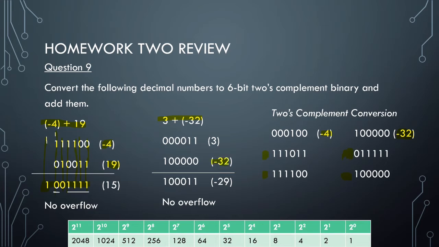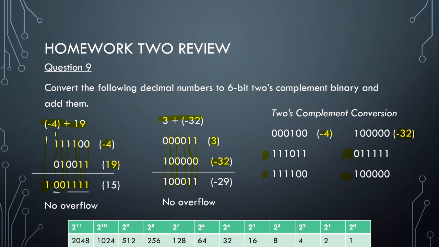So we have -32 here. The typical way of writing the binary value of 3 is on top. And so adding these together, 1 and 0 is 1, 1 and 0 is 1, 0 and 0 is 0, again 0, 0, 0, again 0 and 0 is 0, and then last we just have a 1. And so we can see this number properly represents the number -29.